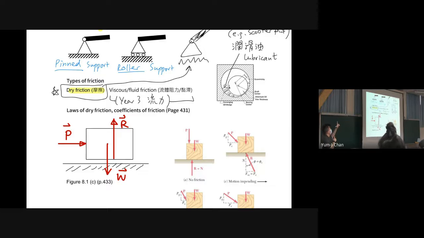Why? Because we have dry friction. So we have a friction force here, F. So I will start from here on Tuesday, the relationship between these four.